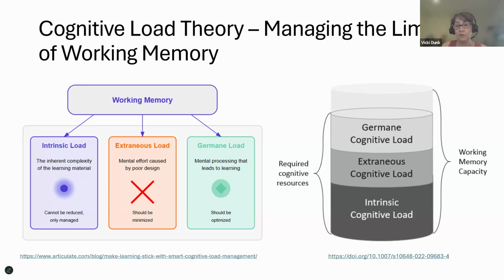And then we have germane load, and that's the good kind of effort that actually helps build a schema. So learning is effortful. You can't, as much as we want, we can't absorb it just by looking at it or listening to it. We can't open the kid's brain and tip it in, okay? It's effortful. And germane load is the effort.